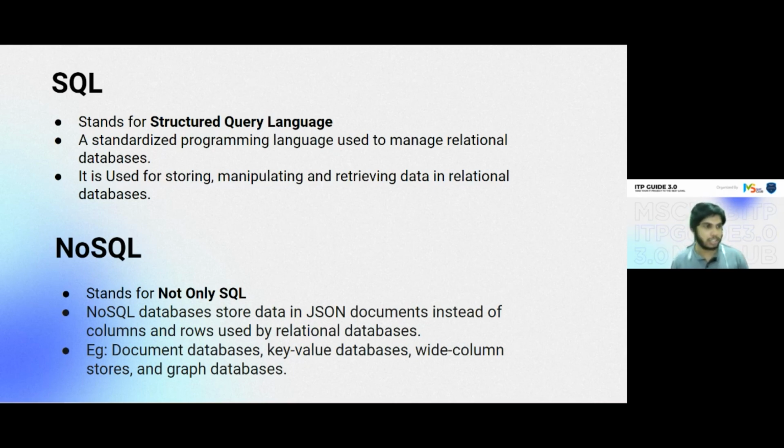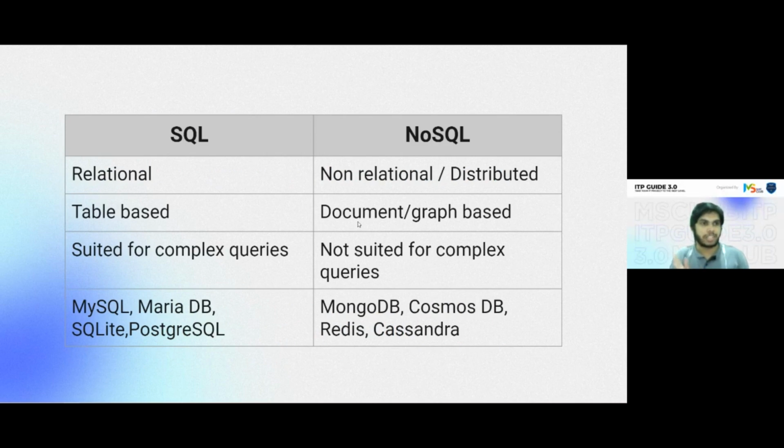So the ways through which NoSQL data is stored are, as you can see, document databases, key-value databases, wide-column stores, and graph databases. I'll come to what that means in a while. So once again, these are the differences between SQL and NoSQL.